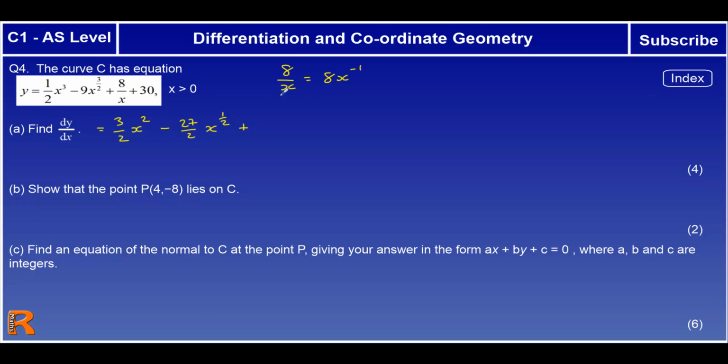When you've got fractions with x's, it's always easier to put it into a numerical power like that, so that the minus comes down, so it's minus 1 times 8, which is minus 8. Let's actually remove that plus for a minus 8, and we take 1 off the power to make x to the minus 2, and the constant term disappears. You must remember that quite often people just write 30 on the end when they shouldn't.